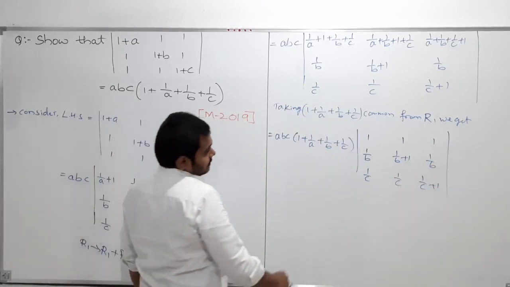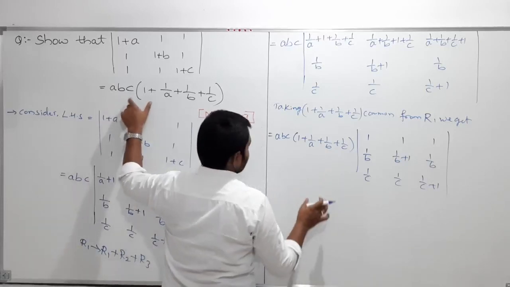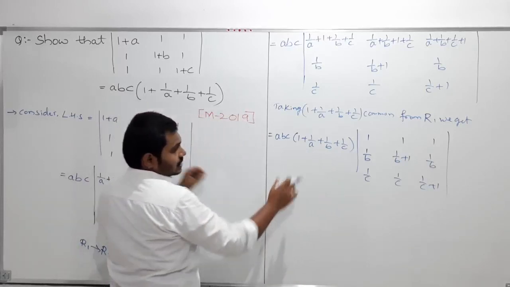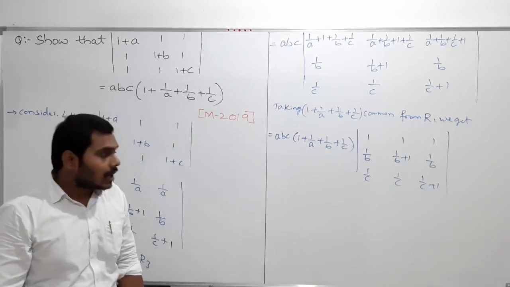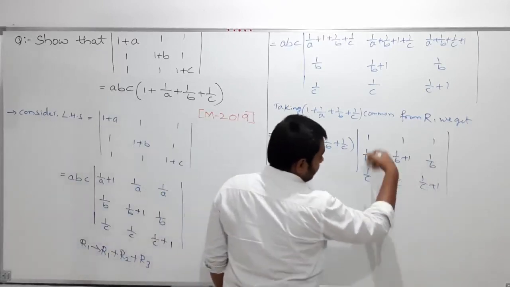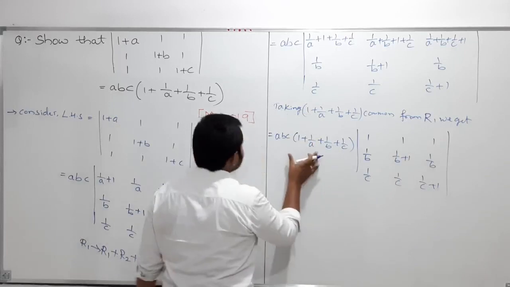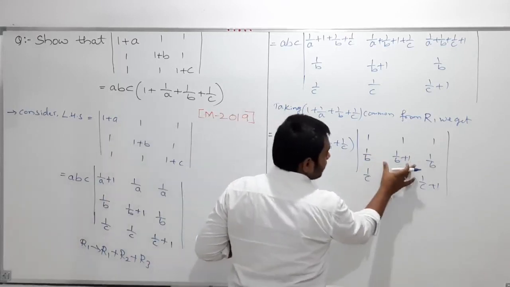Now my dear students, again you should observe, whatever RHS terms are required, already I have here. Now what should I do? This determinant value I should get as 1 because this value is already here. So I should make this value as 1.